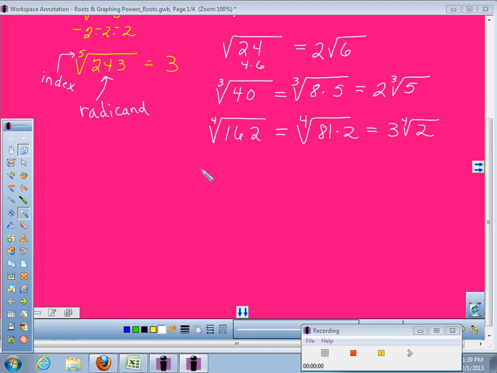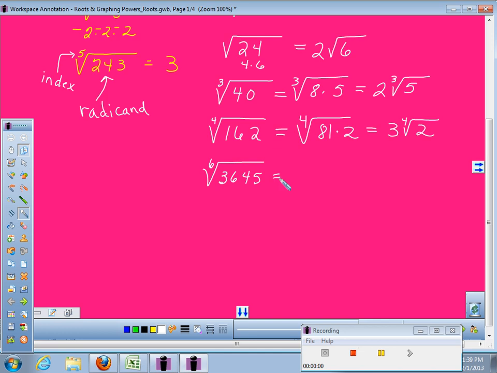All right, one more. Here's a big mama for you. I want to do the sixth root of 3,645. I want to break that down. So where would you look on your little pink sheet? You would look into the x to the sixth column. You would look for a number that goes into 3,645.